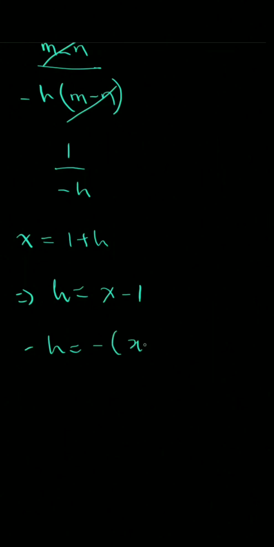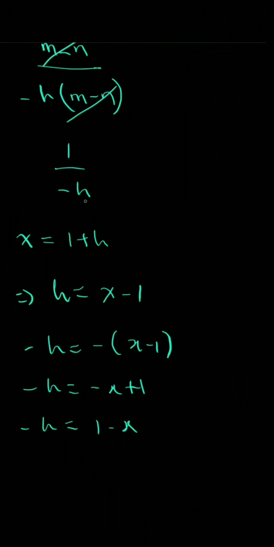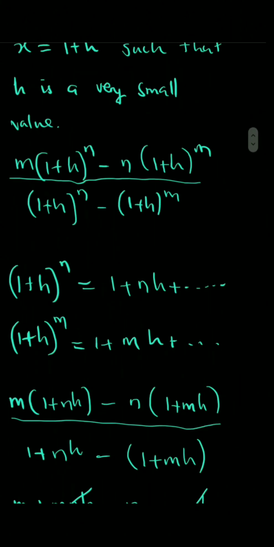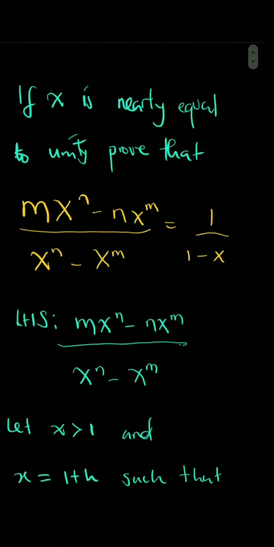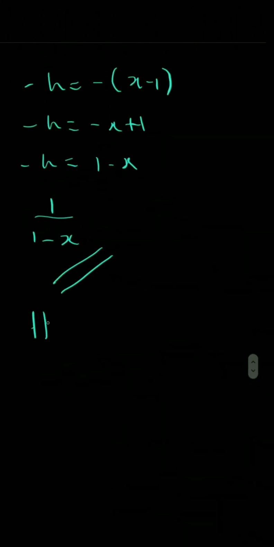So our negative h will simply be equal to negative x plus 1, which is the same as negative h being equal to 1 minus x. So where there is negative h we replace with 1 minus x. This gives us 1 over 1 minus x. So this is what we get. And remember, we've proven, and we can simply state that hence shown.